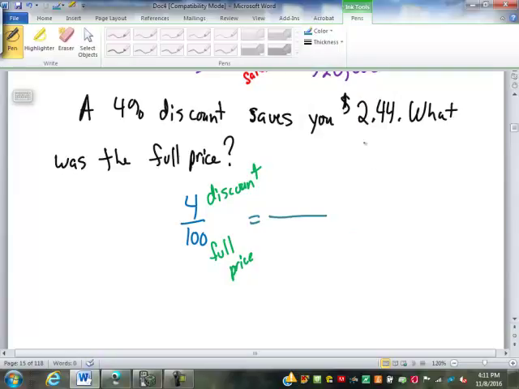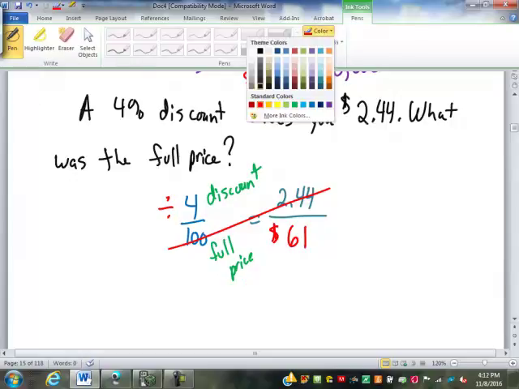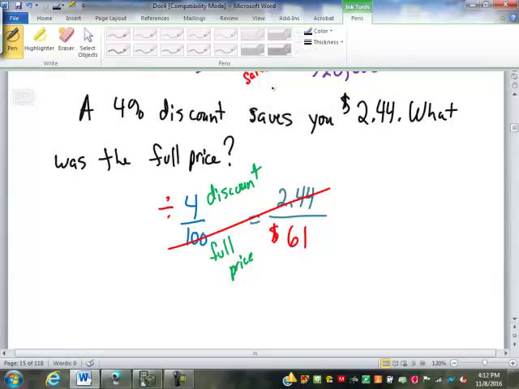Which one does that represent? Somebody said it there. The discount. So now we can cross multiply and divide. That comes out to be $61. So full price was $61 before the discount.